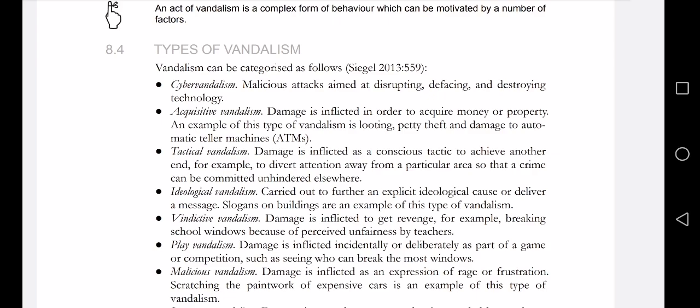Types of vandalism. Vandalism can be categorized as follows, CGL 2013, page 559. Cyber vandalism: malicious attack aimed at disrupting, defacing, and destroying technology.